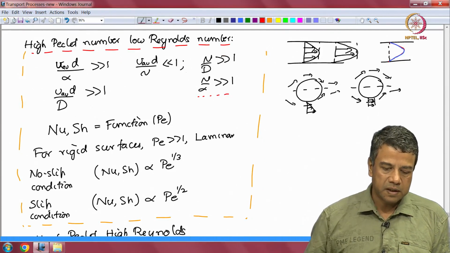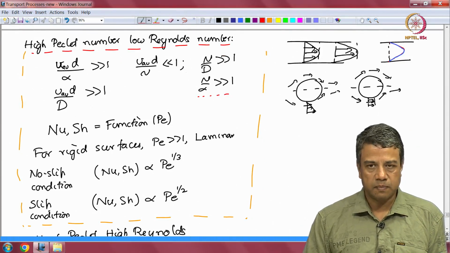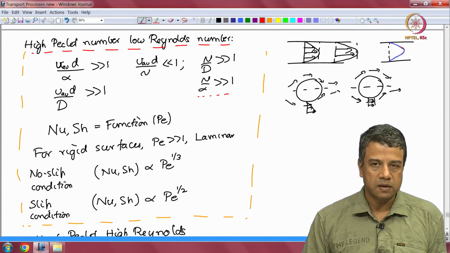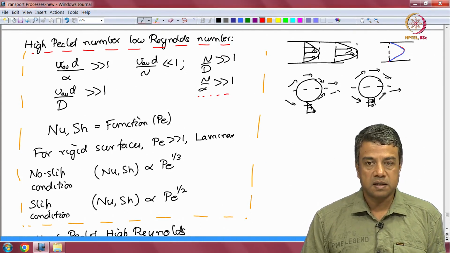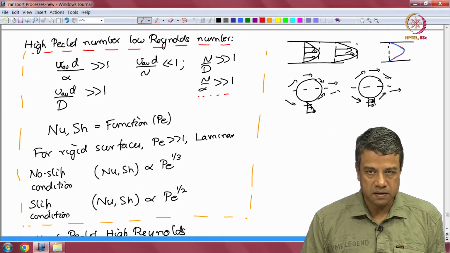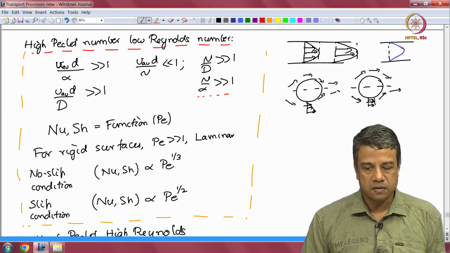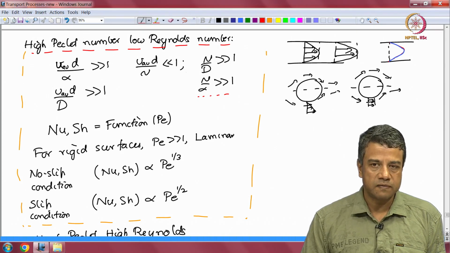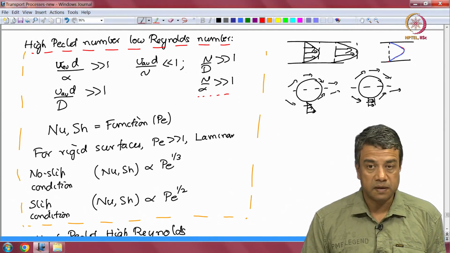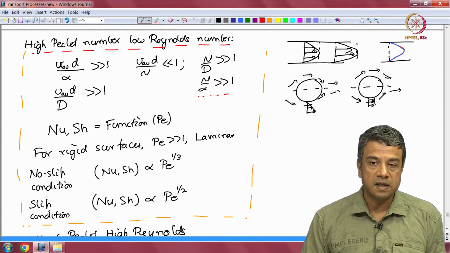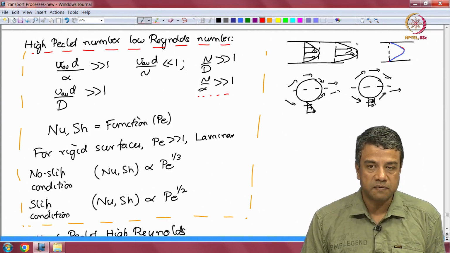Then we looked at high Peclet number laminar flow for a pipe, or high Peclet number low Reynolds number for flow around a particle. In this case, the velocity profiles are linear functions of the driving force. So, if you change the average velocity by some factor of 2, or you change the pressure gradient by a factor of 2, the velocity at each point in the fluid changes by that same factor.